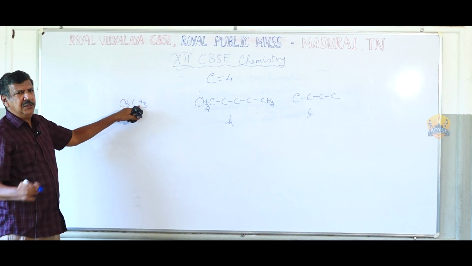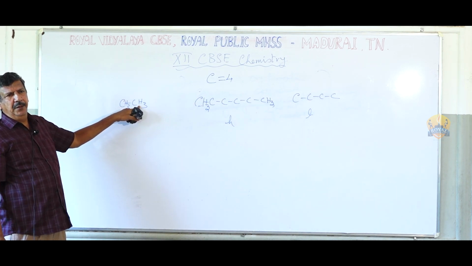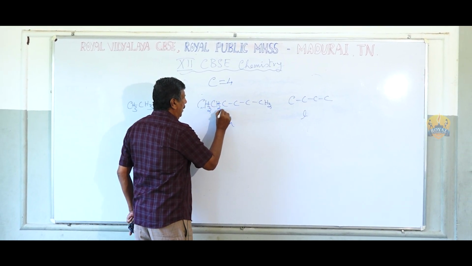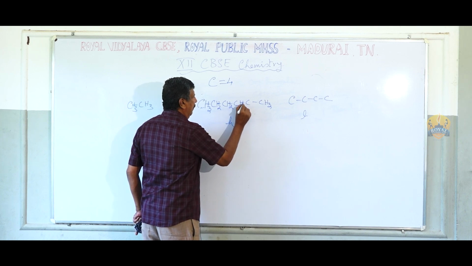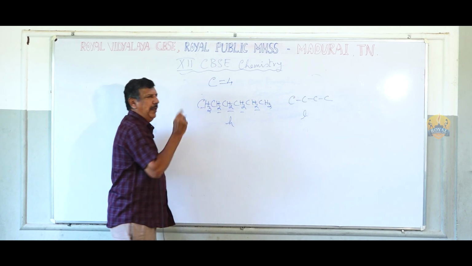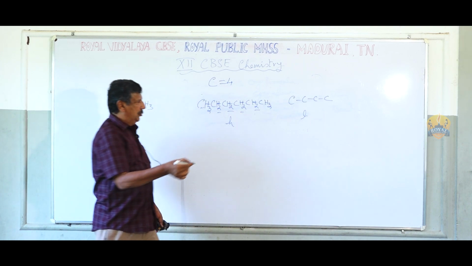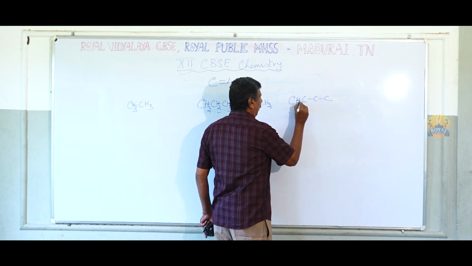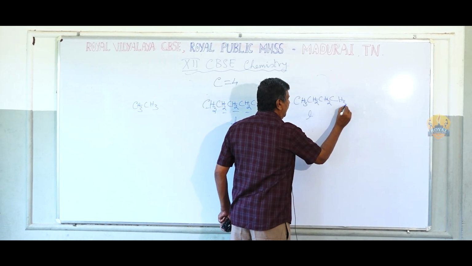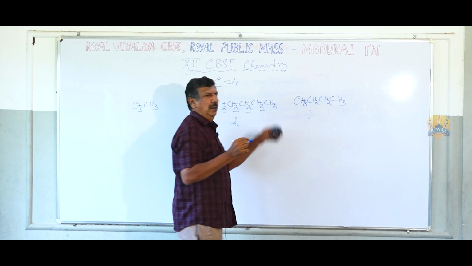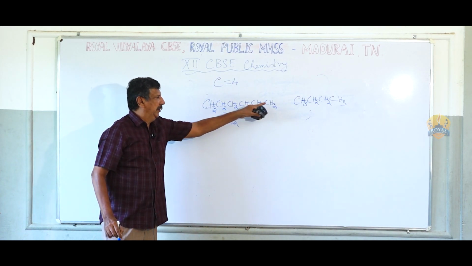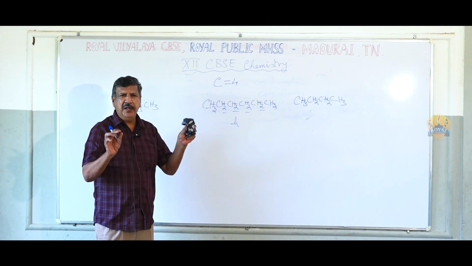The first and the last will have 3 hydrogens, and the middle carbons can have only 2 hydrogens. Here also, in butane, whatever formula you learn, regarding the structures, there will be only 2 hydrogens in the middle and 3 hydrogens at the extremes. This is very important.